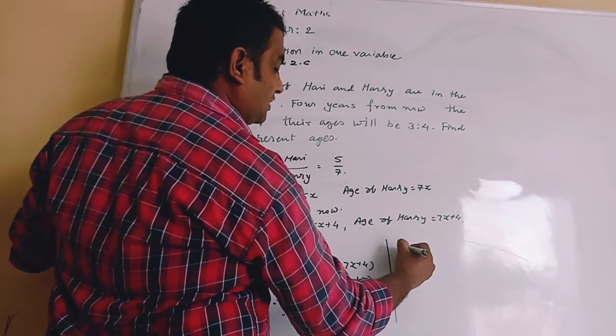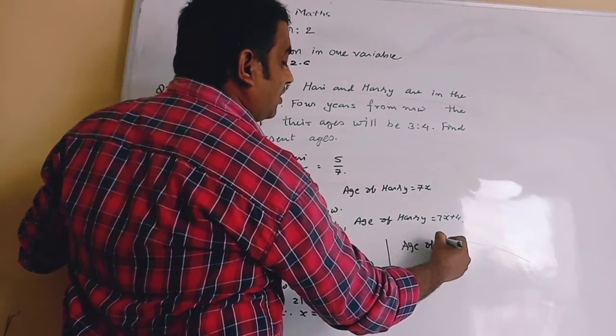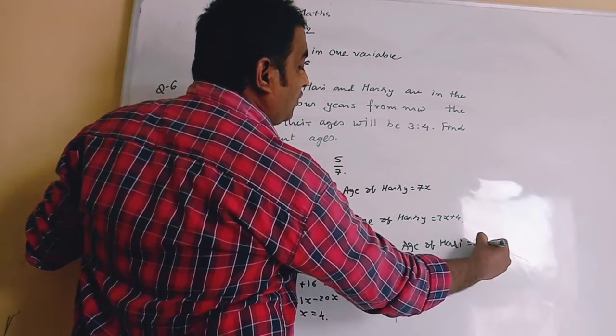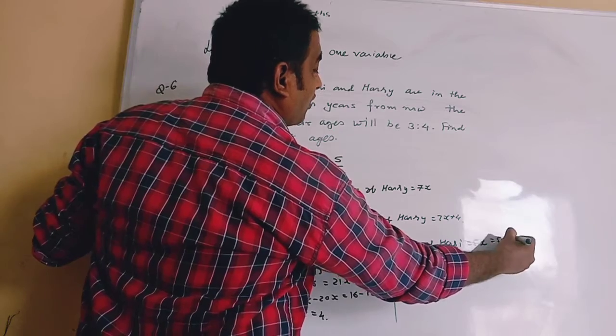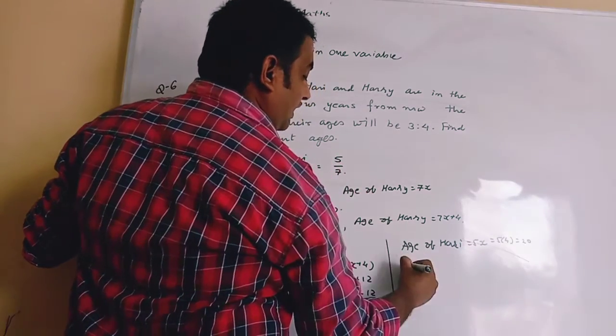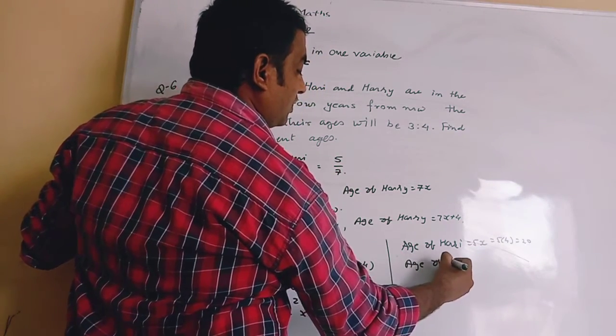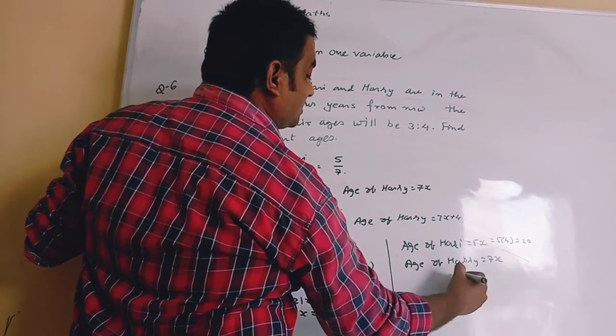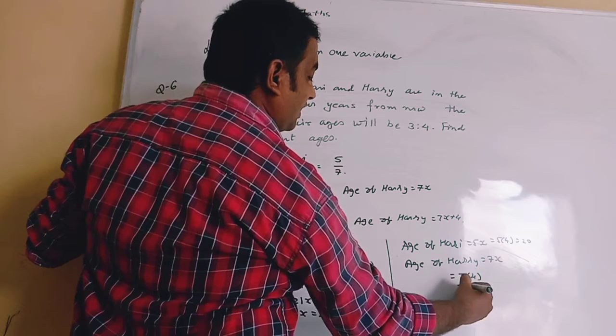And therefore the age of Hari is 5 into 4, 20, and the age of Harry is 7 into 4, which is 28.